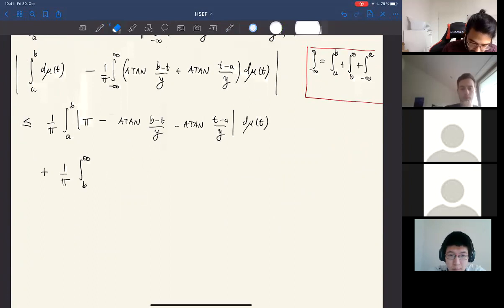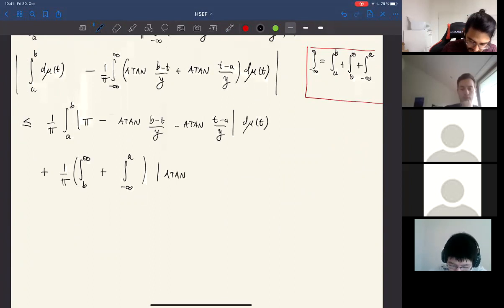Let me abuse this notation here, as long as you understand what I'm writing: that means the integral from a to infinity plus the integral from minus infinity to a, d mu of t.